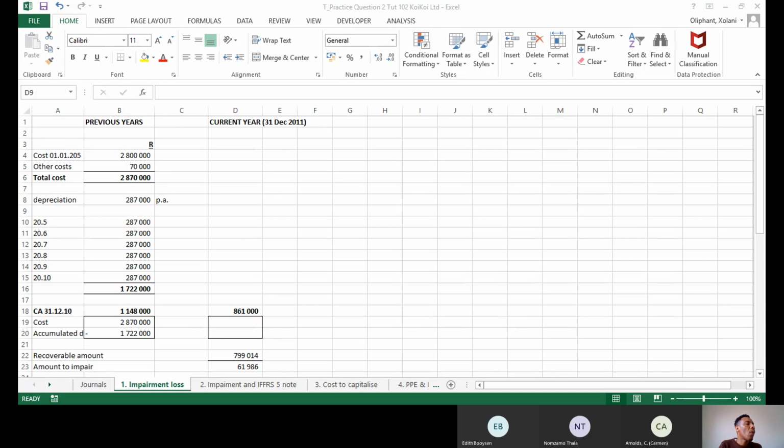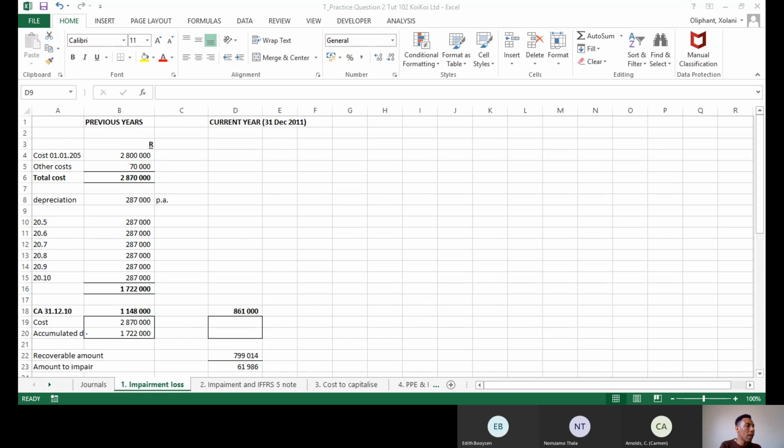I don't understand what you mean in terms of choosing which recoverable method, because your recoverable amount is the higher of your fair value less cost to sell, or your value in use. So I don't think I understand the question in terms of you needing to choose which one. Obviously you're going to choose the highest, because that's the requirement of the guiding principles.